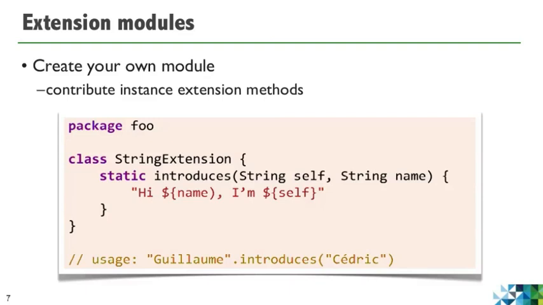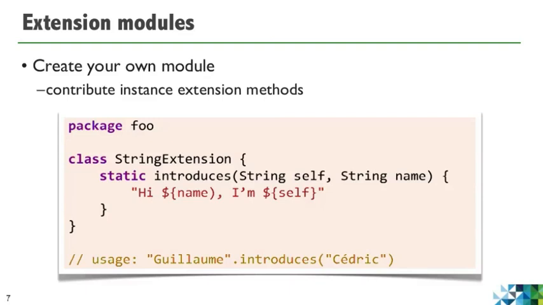So if you want to, for example, add a new method on the string class, like in this example, if you want to create an introduces method that you add to the string class, you cannot do that, obviously, in Java. In Groovy, we had already several mechanisms like Groovy categories, like ExpandoMetaClass, if you're familiar with the Grails framework. It's often used in Grails, for example. And we took the same approach as with the Groovy categories. So you can create a class, here, StringExtension.